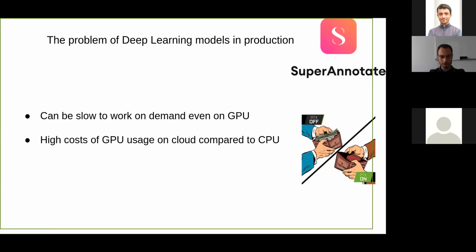And besides, even if we decide to use them on GPU, that will lead to high costs of GPU usage on the cloud, compared to if we could achieve the same performance much faster and run it on the CPU. So that's why, to minimize the costs of GPU usage and even speed up the models to work on demand, we conducted this research and tried to speed up these models.